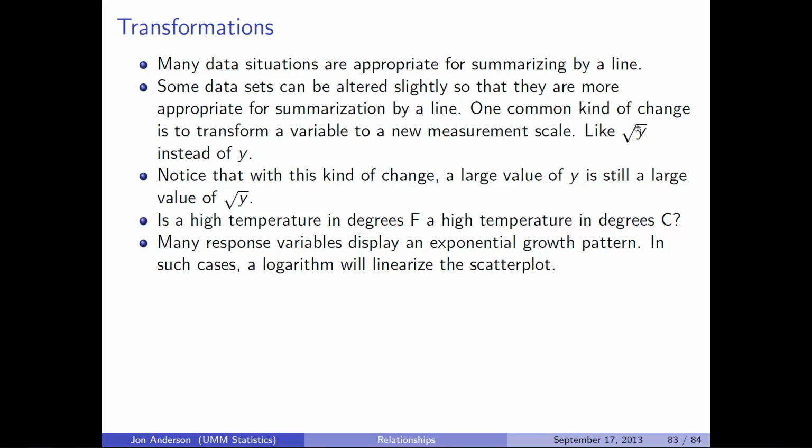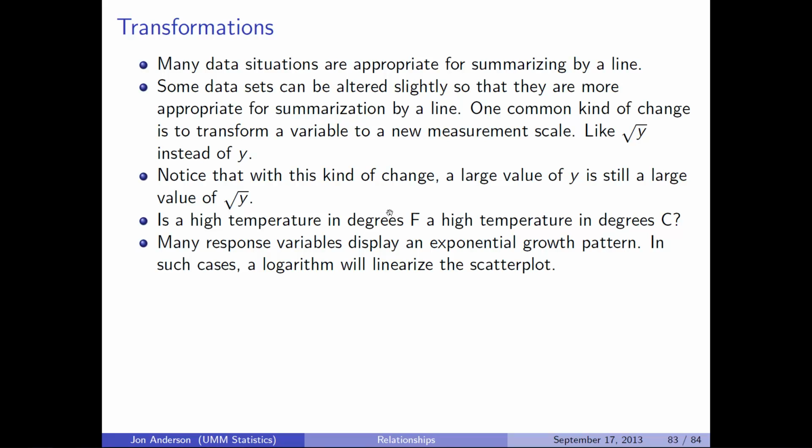But something like the square root modification is really not terrible, because if a value of the response variable is big on the y scale, it's also going to be big on the square root of y scale.